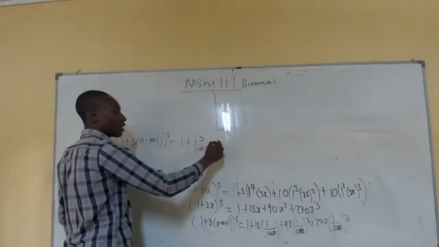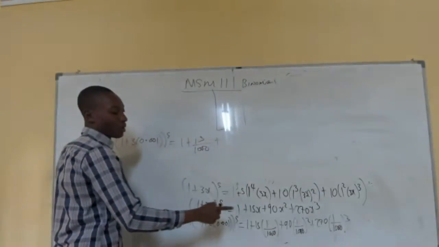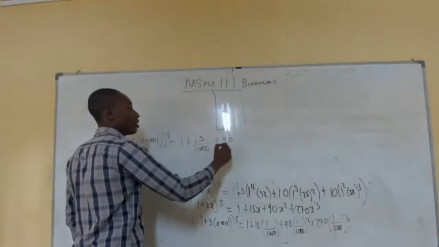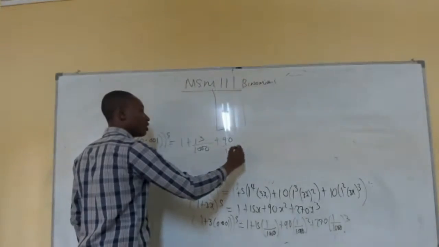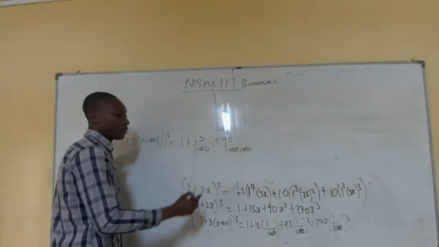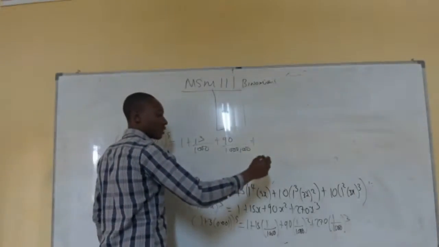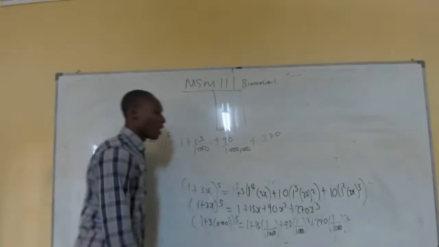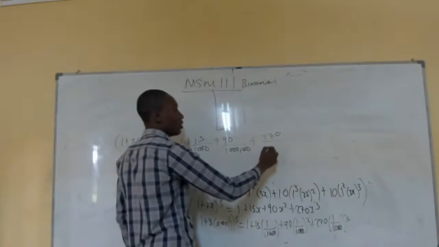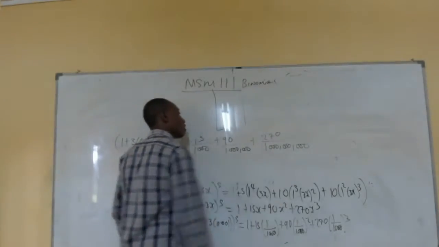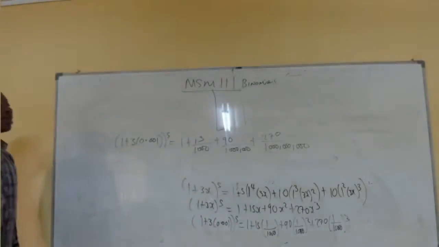The next value, 1000 to the power 2 is 1 million, so it's 90 over 1 million, then plus 270 over 1 billion. Alright, so that is what you have.